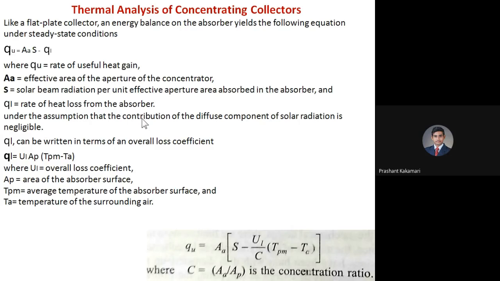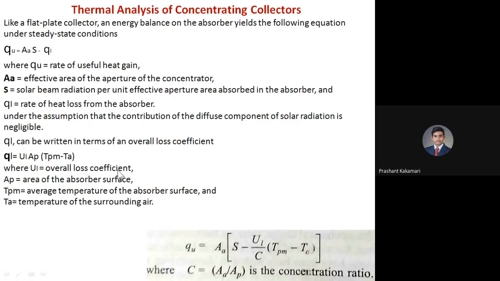Coming to the equation for heat losses, again you can recall the heat transfer equations. That can be written using the overall loss coefficient UL and the area of the absorber or the receiver AP, then the average temperature of the absorber surface and the temperature of the surrounding air.